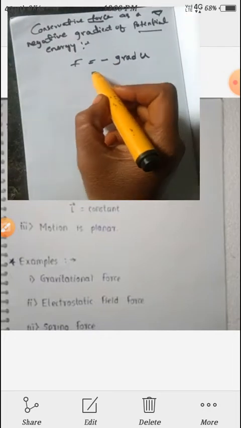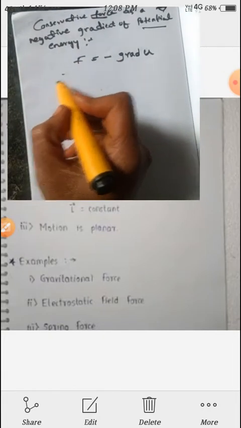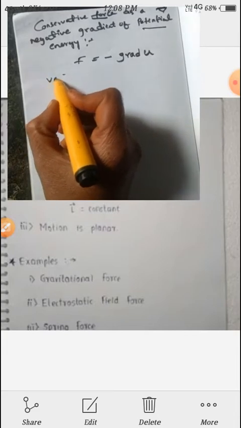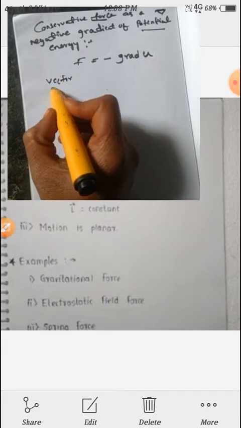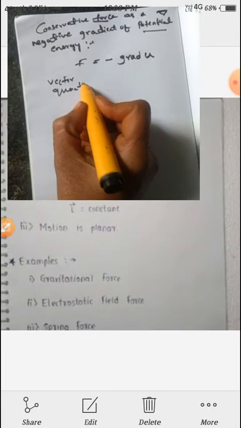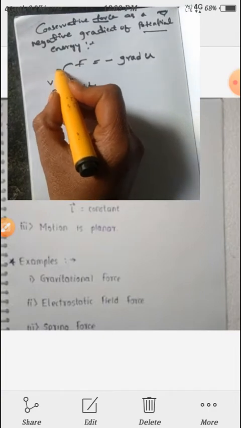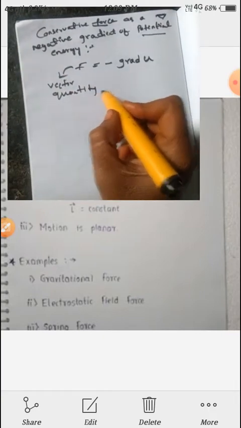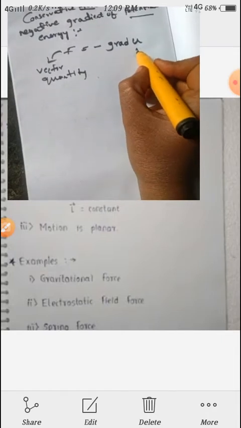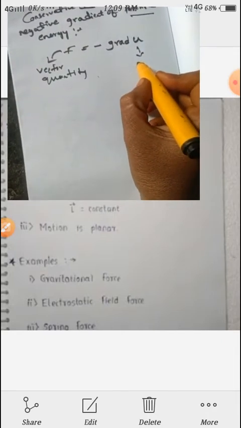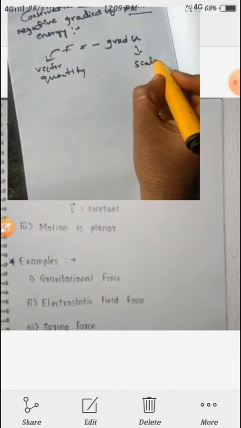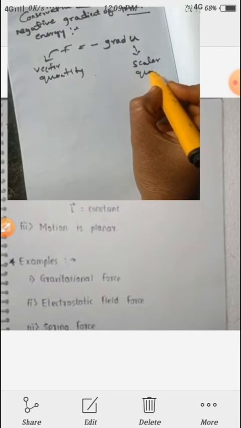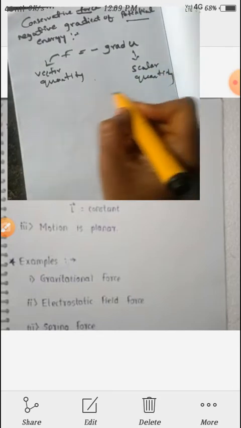Here force F is a vector quantity. U is potential energy, which is a scalar quantity.